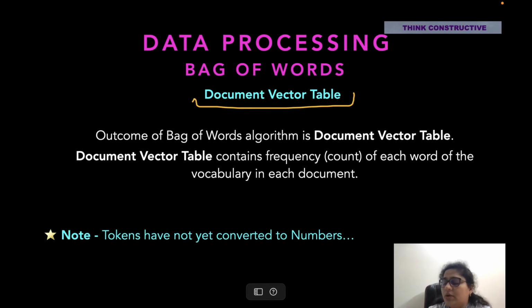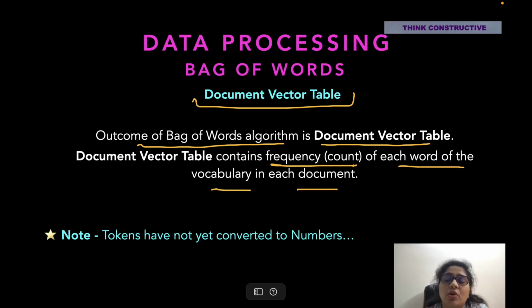Okay. So the outcome of the bag of words algorithm is the document vector table. And what is my document vector table? We have just now seen. All right. The document vector of all the documents is called the document vector table. It contains the frequency, that means counting of each word of the vocabulary in each document.